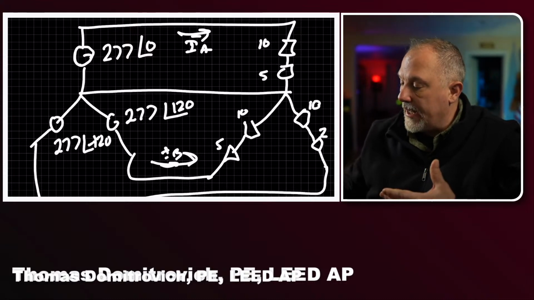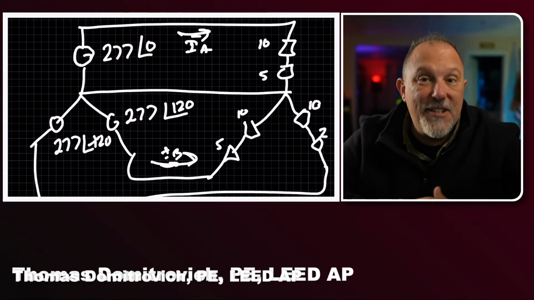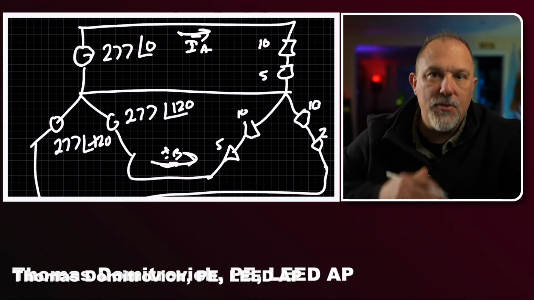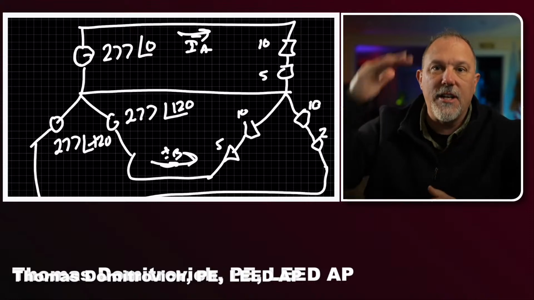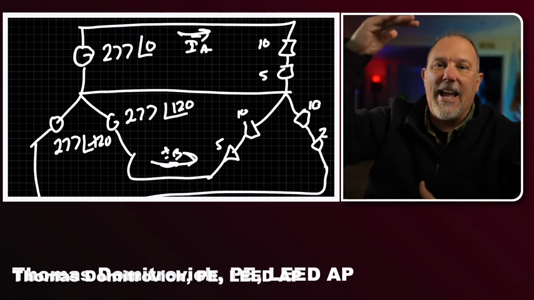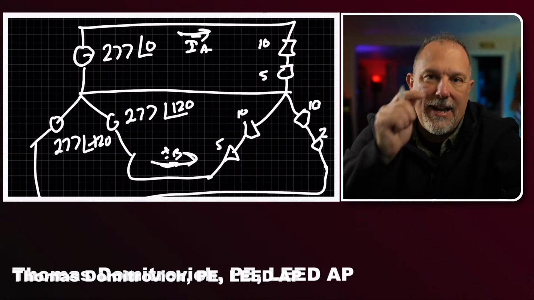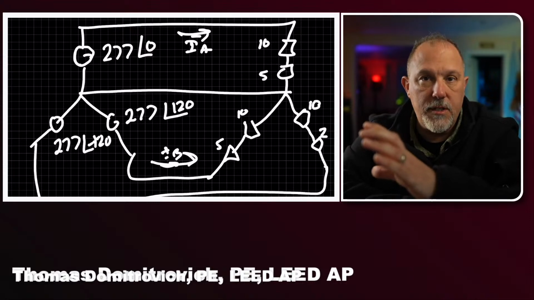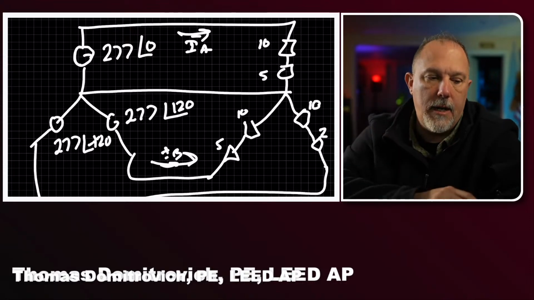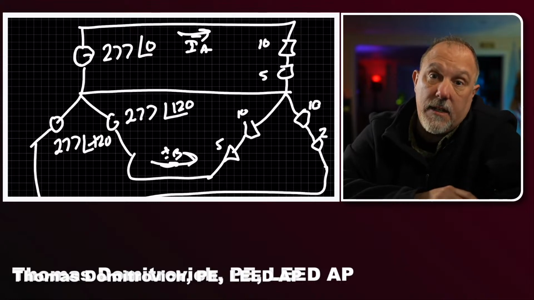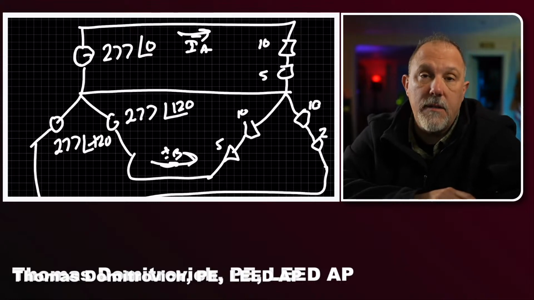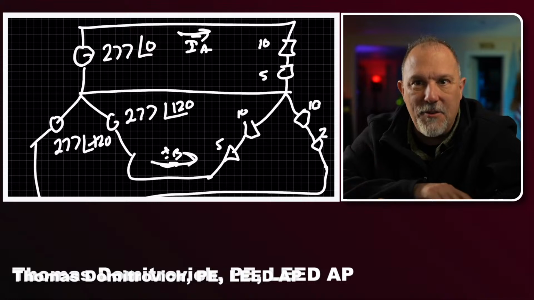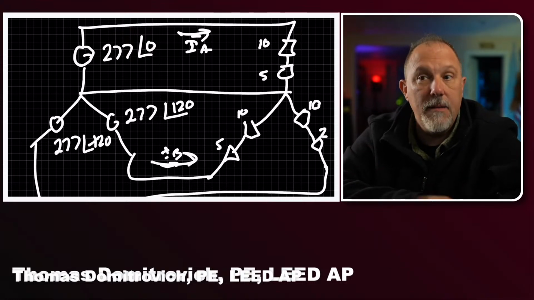You would add that separately and then convert those all to rectangular coordinates, add your reals, add your imaginaries, add your R's, add your X's, X axis, Y axis, and that will tell you what's in the neutral based upon balanced voltage sources and loads that are of different power factors, basically. That's the impedance of the load. And you'll get different currents at different angles, and then add those up. That'll tell you what's in the neutral. Make sense?